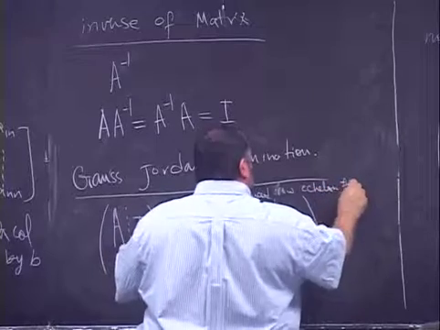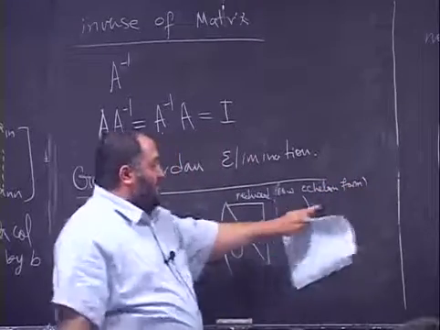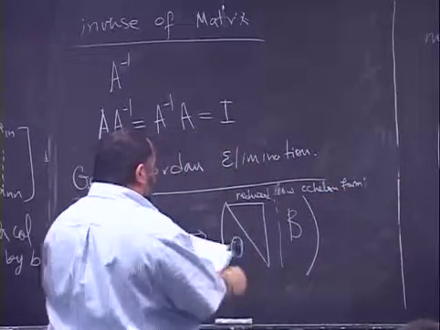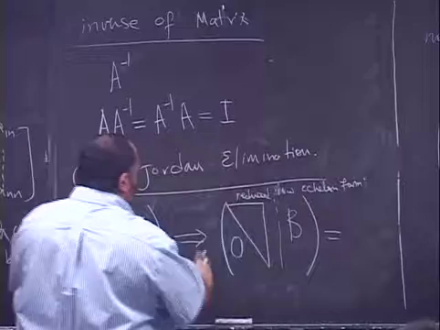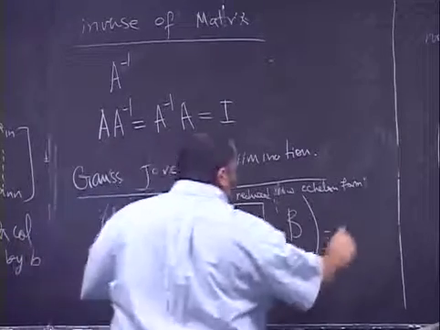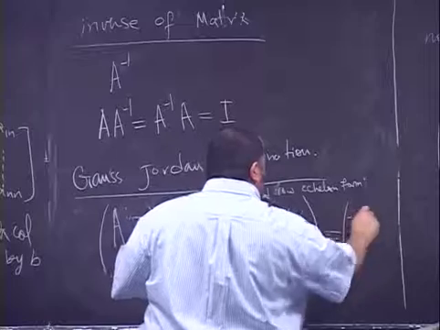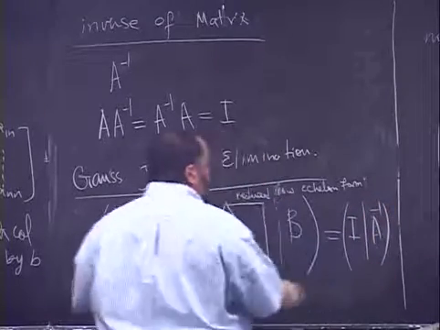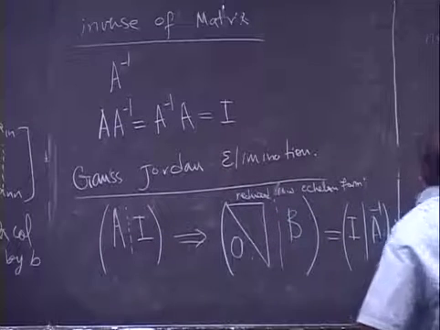I talked to you about what we mean by reduced row echelon form last time, so you can go and look it up. When you arrive at this situation, this new matrix will be the matrix I, and the matrix B here will be the inverse.